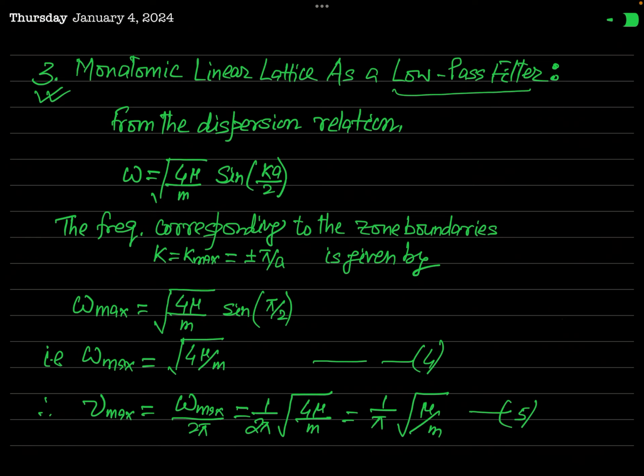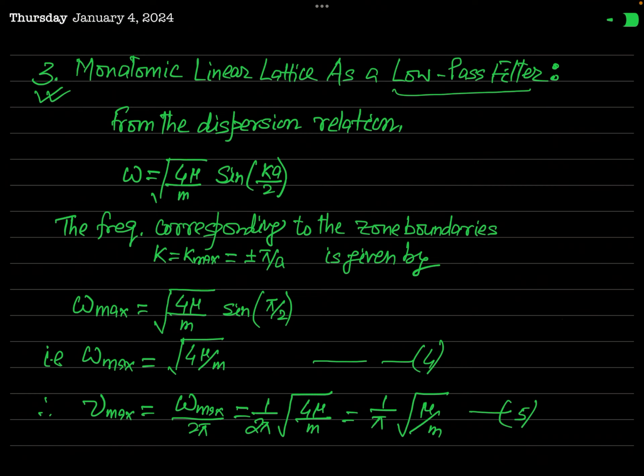This filter is studied in the course of electronics, and if you have studied that, you have seen that in case of a low pass filter, the circuit allows only the frequencies up to a particular value, which is called the cutoff frequency.